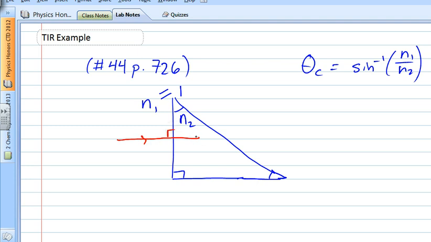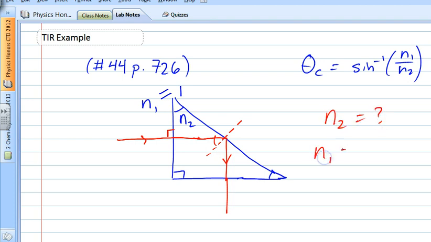It just goes straight on through, and then when it hits the back surface, we want total internal reflection. Since this is a 45, 45, 90, it's going to reflect straight down. Okay? And so basically what we want to do is try to calculate, well, what kind of index of refraction do I need for N2?